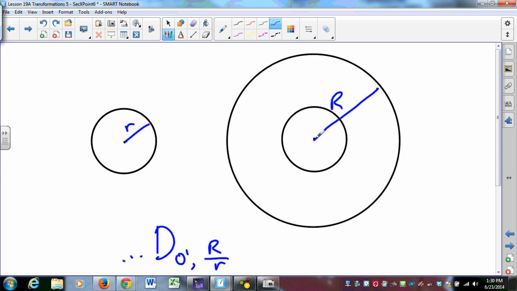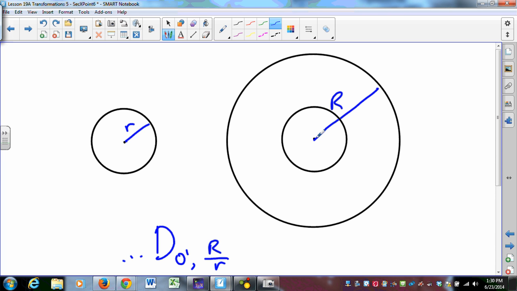Together, that isometry and then dilation is called a similarity transformation. And two figures are similar if a similarity transformation takes the one onto the other. It's not just that a dilation takes the one onto the other, it's that an isometry and a dilation, the composition of the two, take you from the one onto the other.